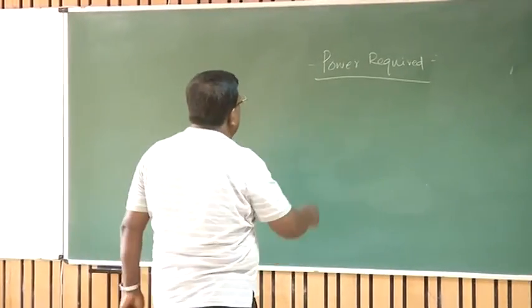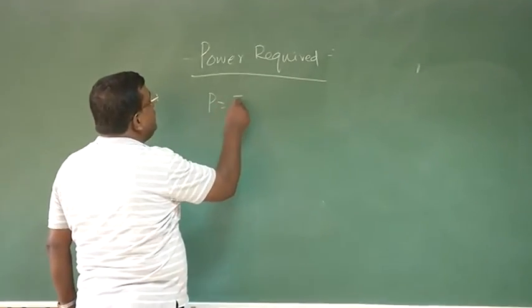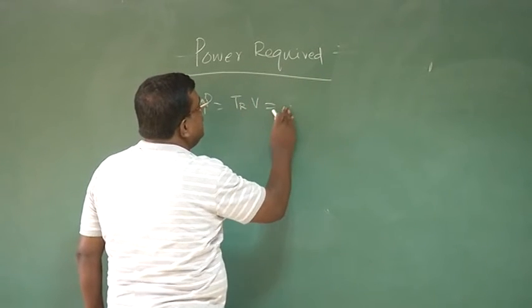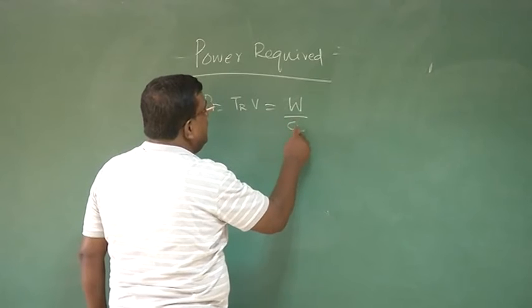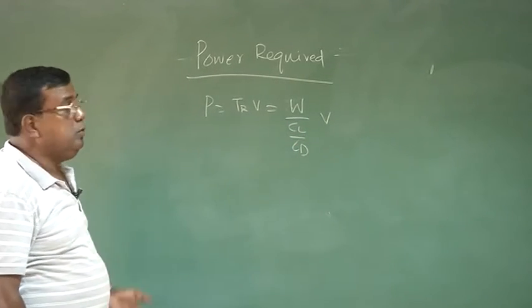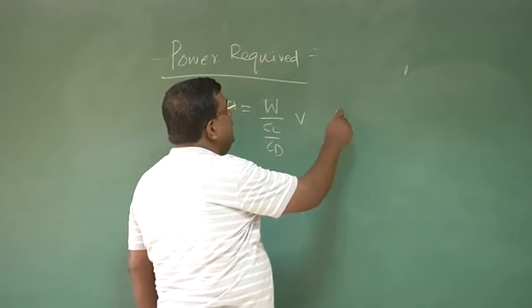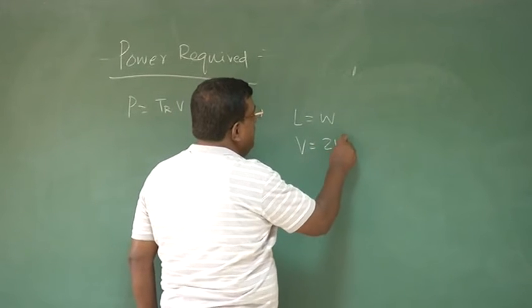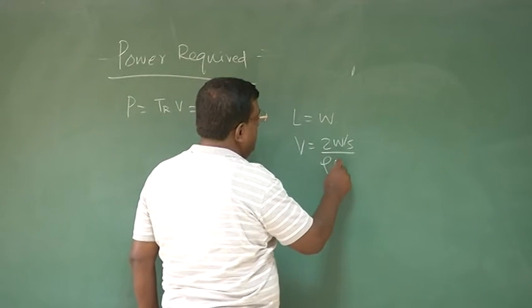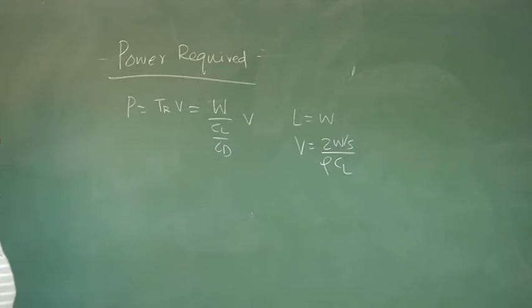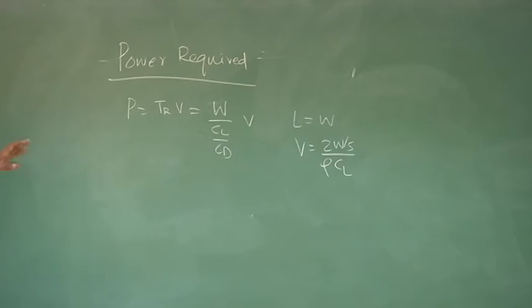For that, power required is thrust required into V, and we already know thrust required is W by CL by CD into V, and V I also know because it's a cruise, so lift equal to weight, so V is nothing but root of 2 W by S by rho CL. So once I know V, once I know CL by CD, I can find the power required.